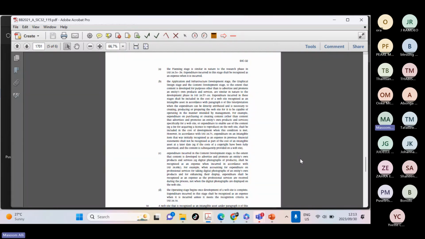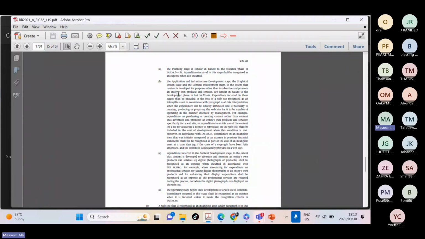Yes. So that's a very important aspect. And the thing is, it's a very simple standard because literally you can look into it. They're only going to give you costs. So what you'll do is look at which costs fall under the planning stage, and automatically you'll say that this is an expense, right? You just classify it as an expense immediately.